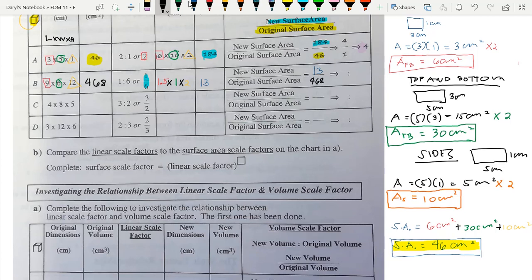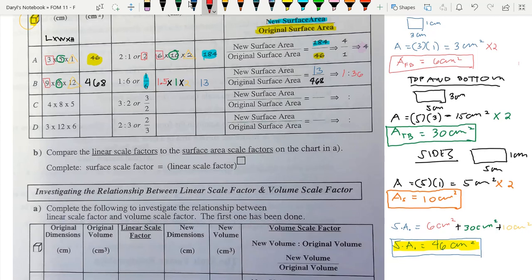So that would give me an answer of, if I'm gonna divide both by 13, okay, that gives me 1 is to 36.